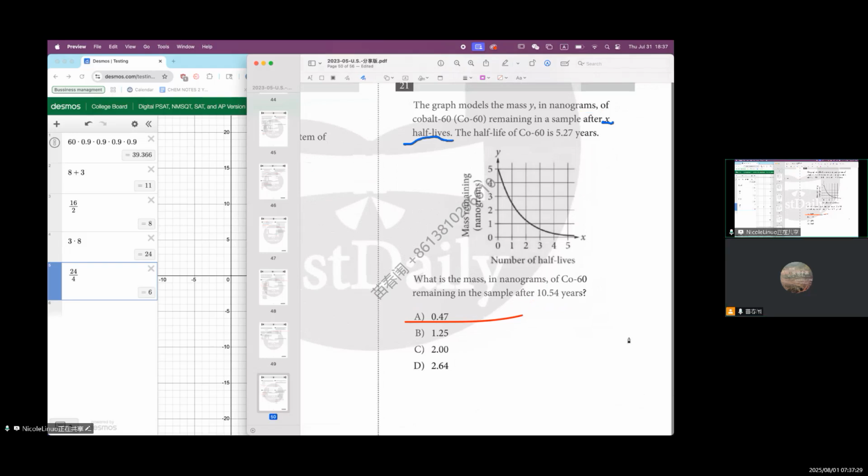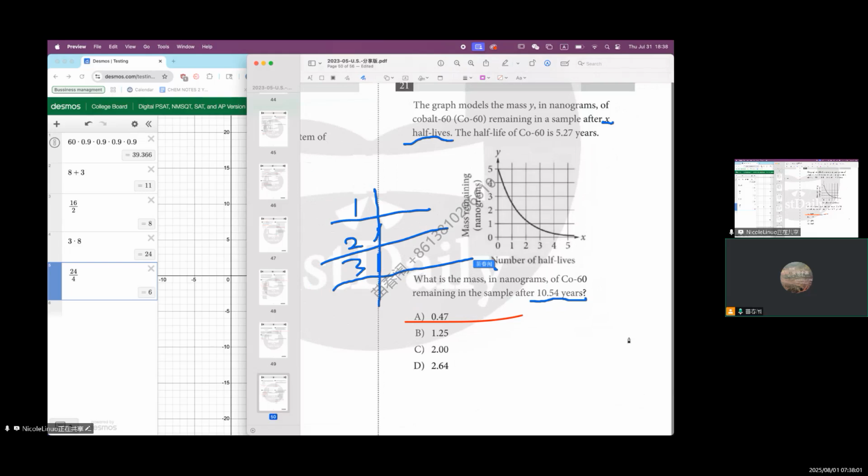Yes. They count it as a normal time, but also after one half-life, after two half-lives, after three half-lives, they also count it like this. Does that make sense? Yeah. So what is the remaining after 10? Which means that's two half-lives, right?